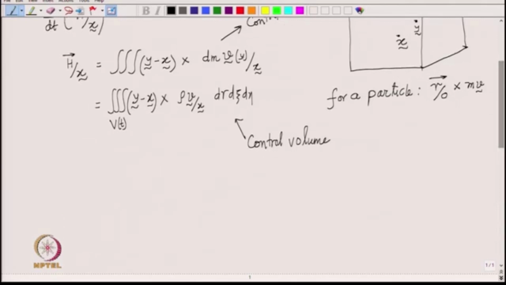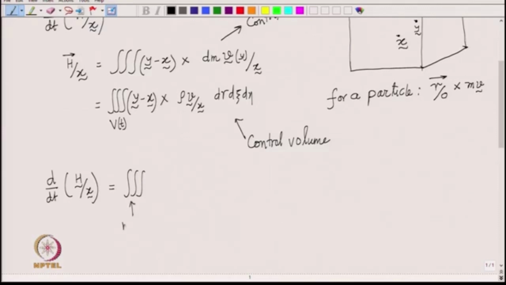Now, when we do d by dt of the angular momentum relative to the center of mass, d by dt now goes inside the integral, because now the integration domain is the mass.